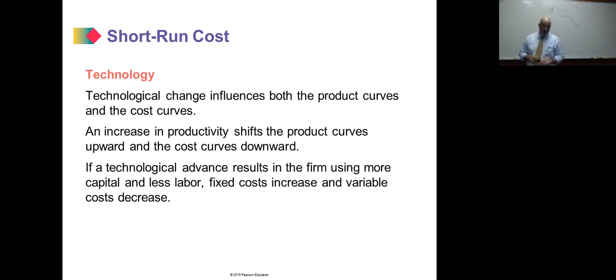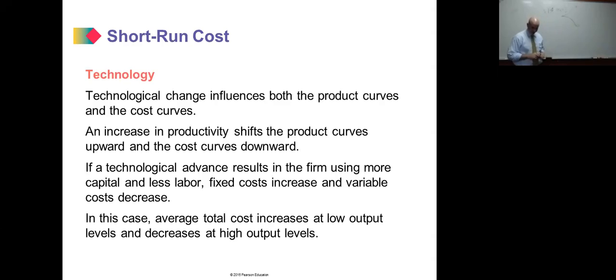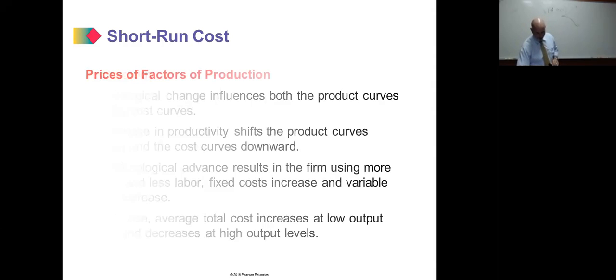If a technological advance results in the firm using more capital and less labor, fixed cost increases and variable cost decreases. Fixed cost represents the capital, and variable cost represents the labor. In this case, average total cost would increase at low output levels and decrease at high output levels.